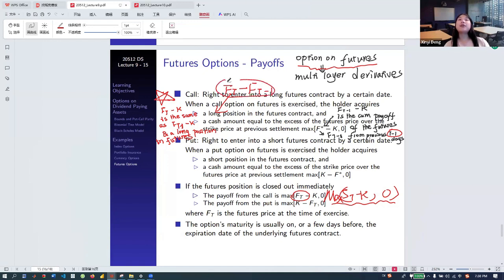That's the value of the futures contract you get if you exercise the call and enter into a long position. But if it's cash settled, the cash you receive is the payoff of the call, the maximum of F_T minus K or 0.